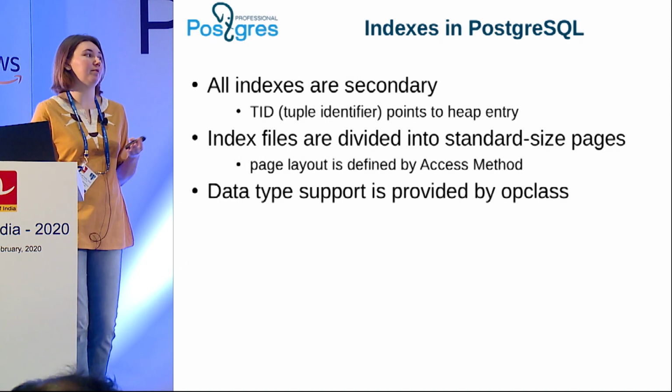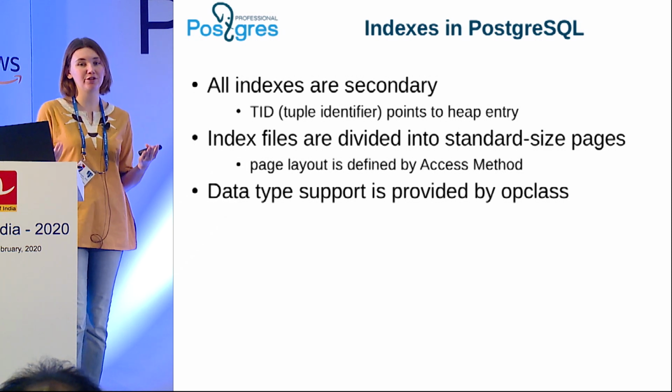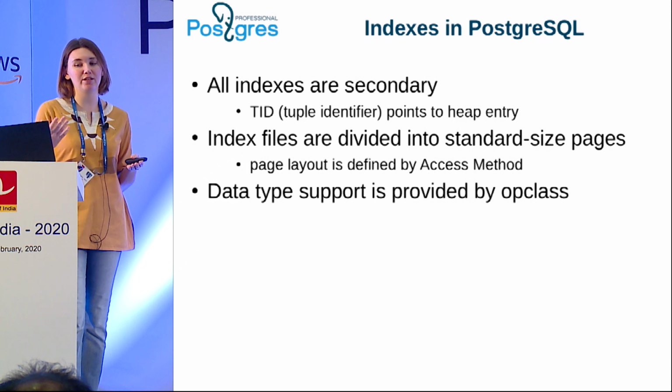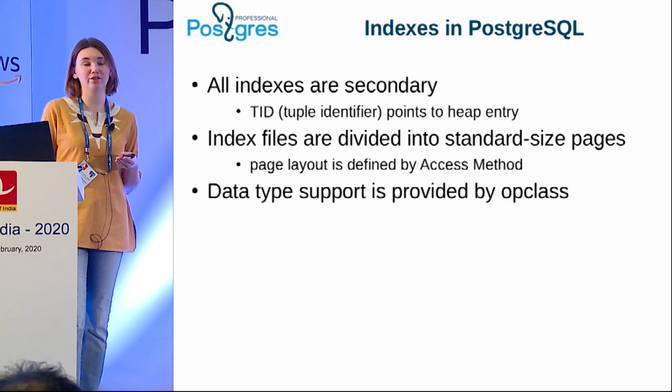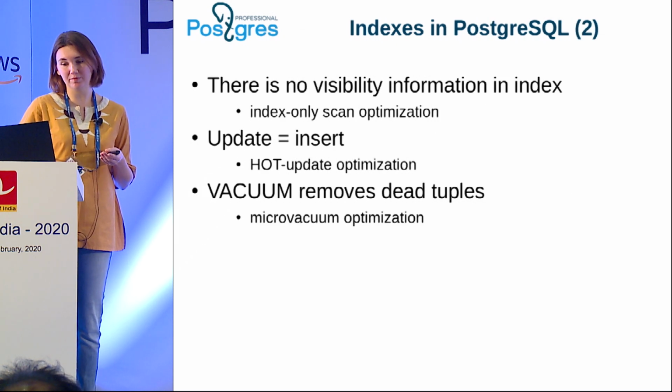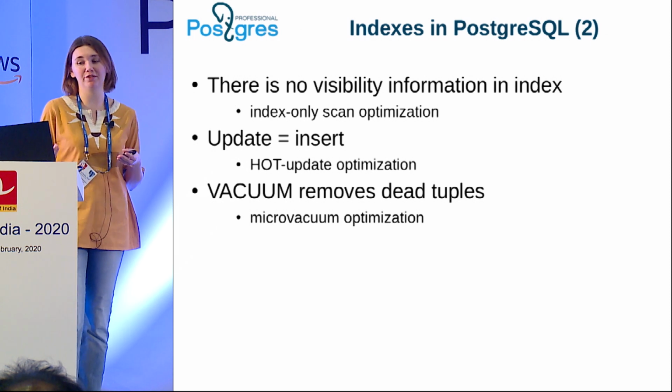Indexes in Postgres can be regular indexes. They also can be partial indexes that cover just a subset of the table's data. They can be expressional indexes that are useful for queries that match some function or some modification of data.